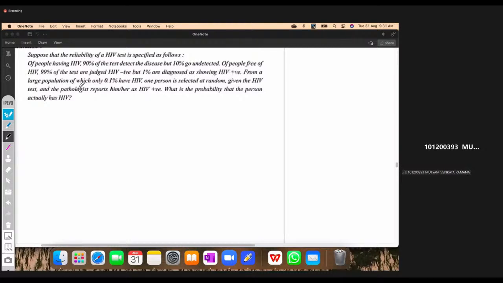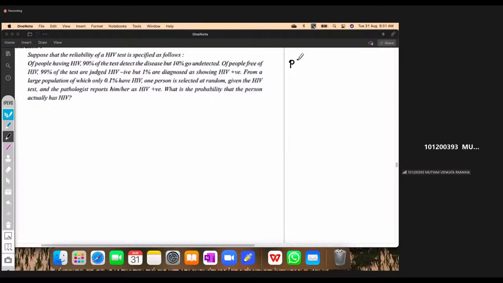From a large population of which only 0.1% have HIV, one person is selected at random, given that the HIV test, the pathologist reports him or her as HIV positive. Okay, what is the probability that the person actually has HIV?